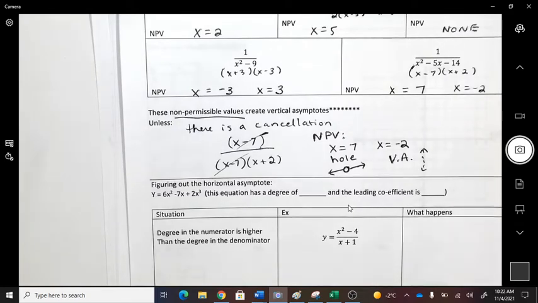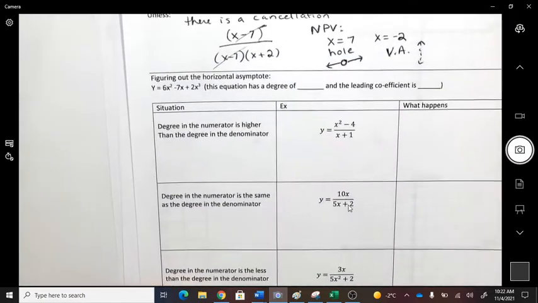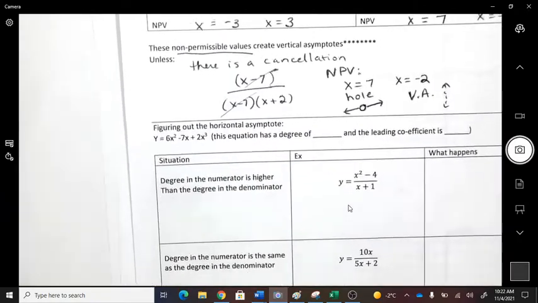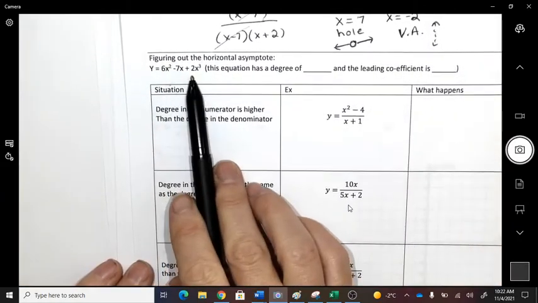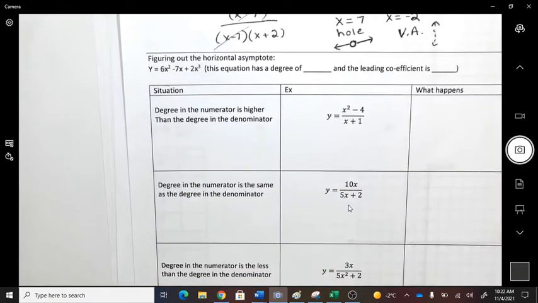So now we're going to go into the horizontal piece of these graphs. When you look at this polynomial, do you know what degree it is? What's the degree of that polynomial equation? So your degrees could be a first degree, a second degree, a third degree, fourth degree.